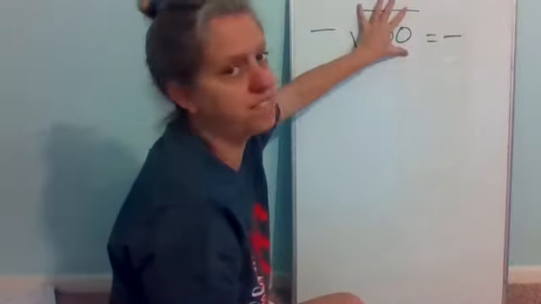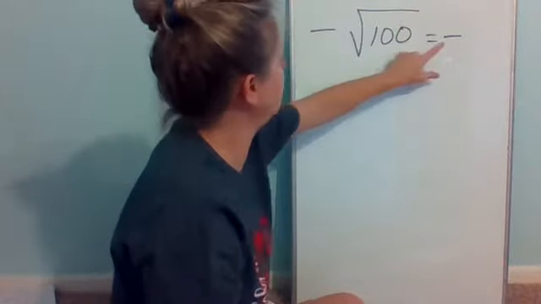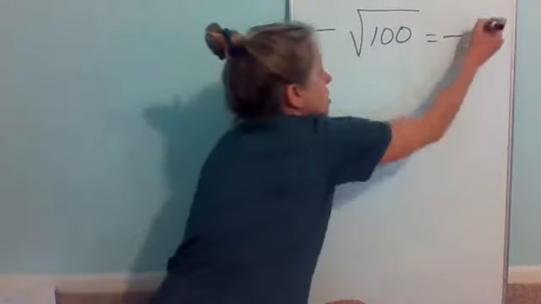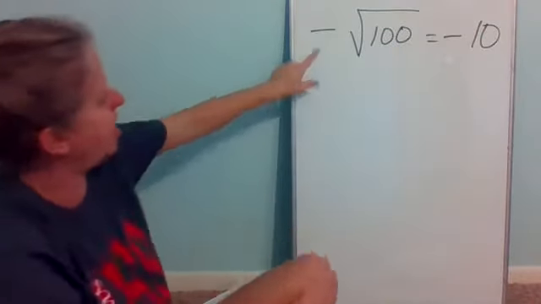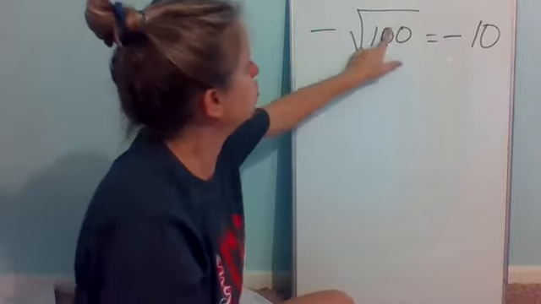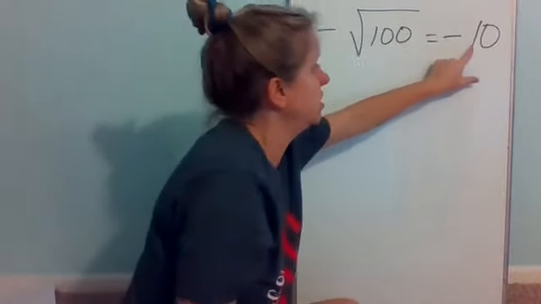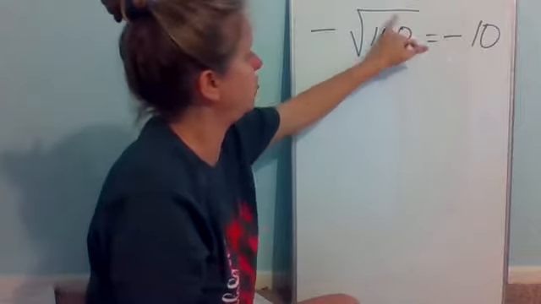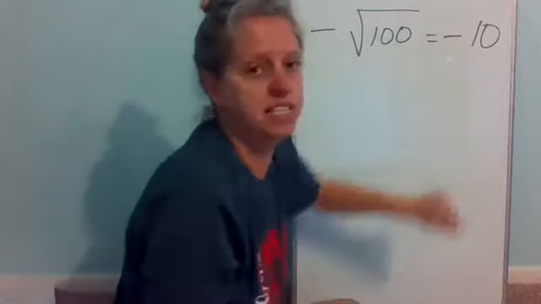Outside comes over. Doesn't affect what's going on here. So I just brought this negative over. The square root of 100 is 10. So this is the way you would say this out loud: what is the negative of the square root of 100? The negative of the square root of 100 is negative 10, right? Because the square root of 100 is 10, which means the negative of 10 is negative 10.